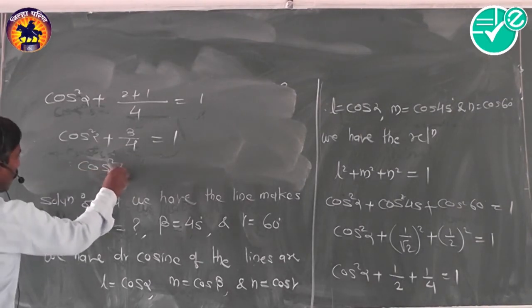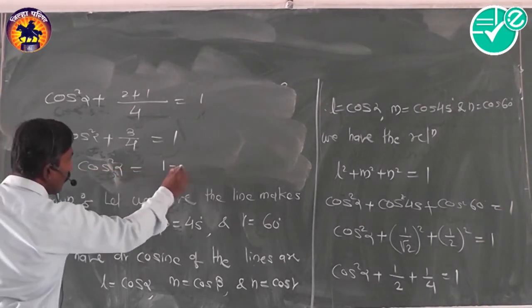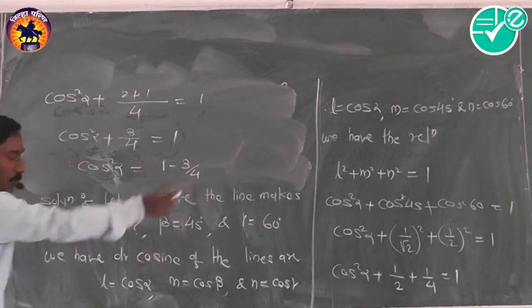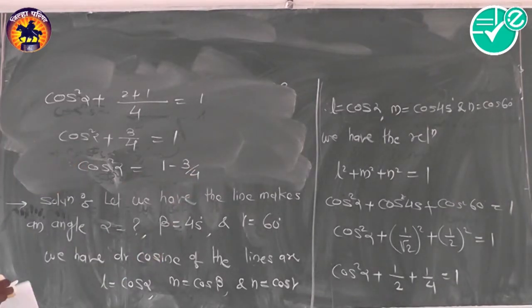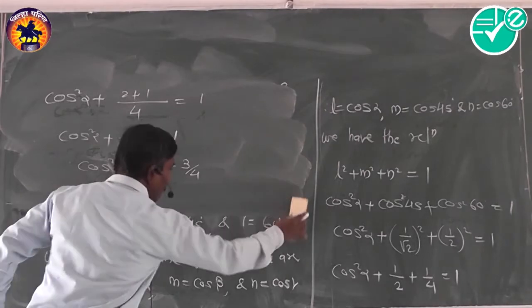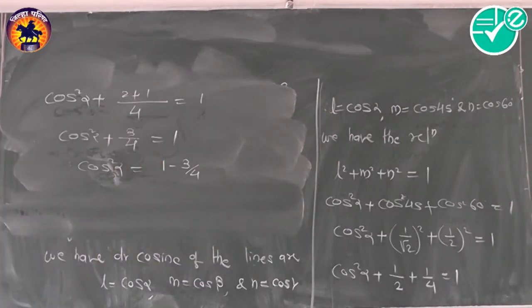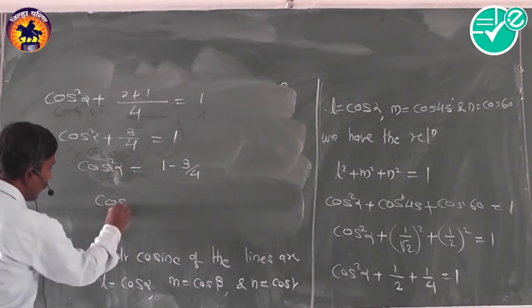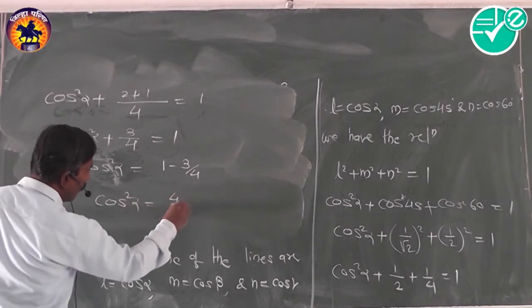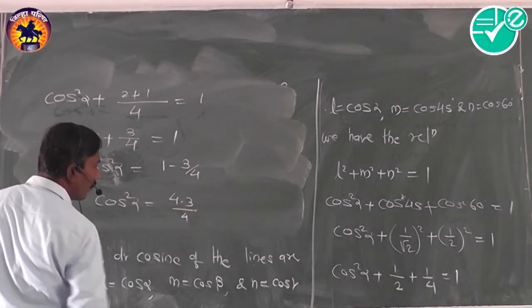Therefore cos square alpha is equal to 1 minus 3 by 4, that is, 4 minus 3 divided by 4.